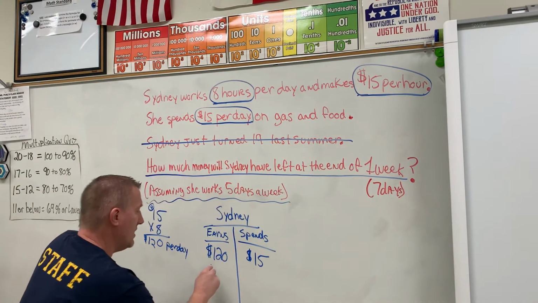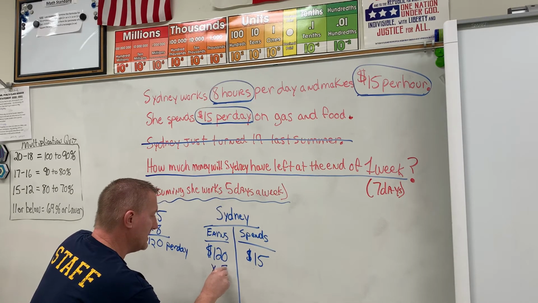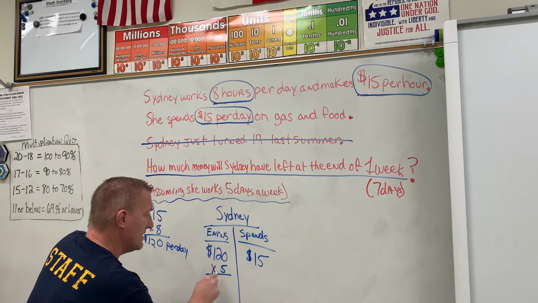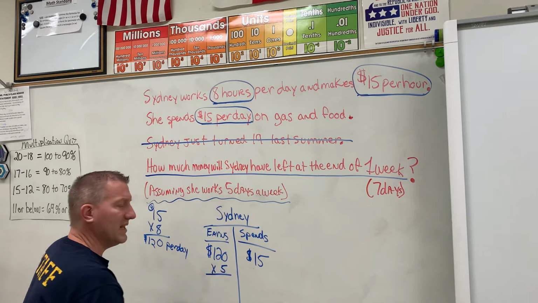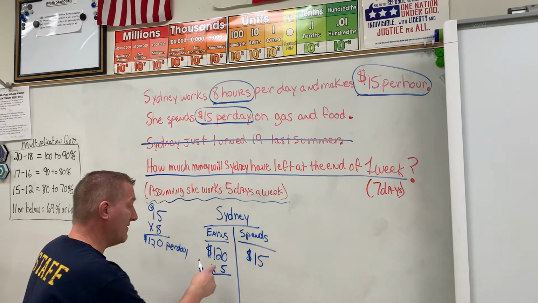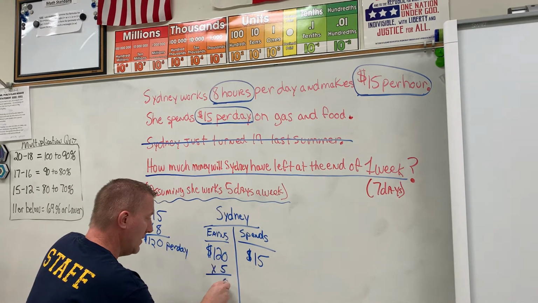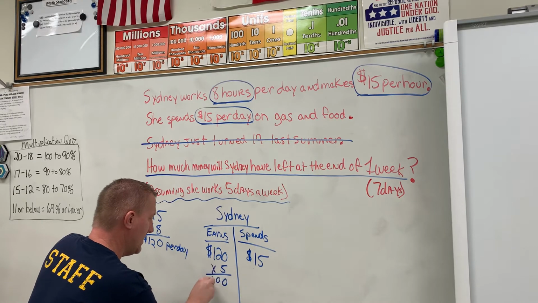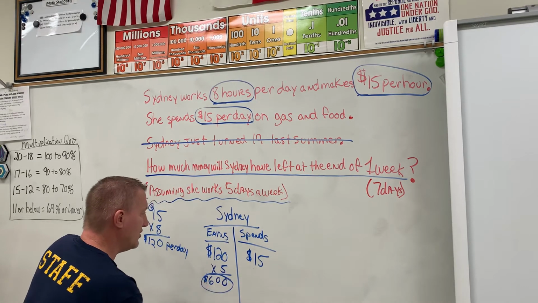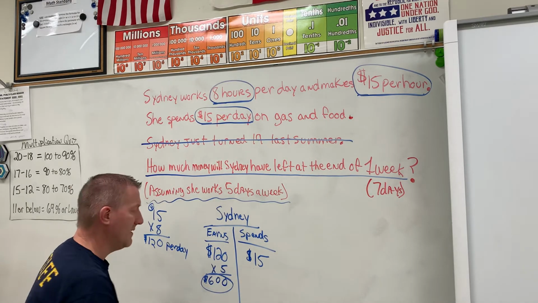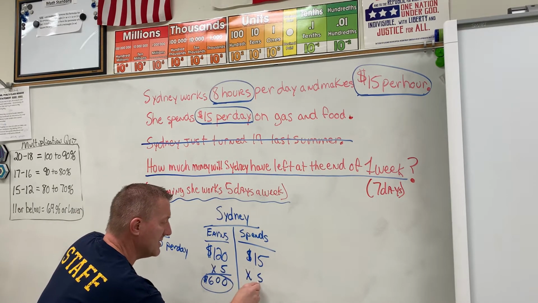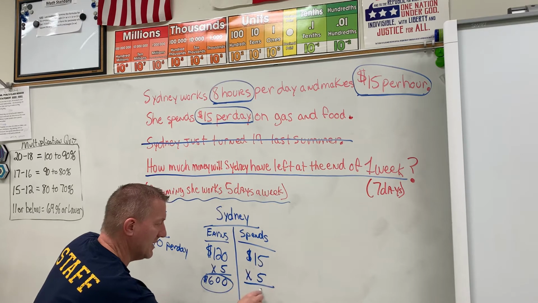So now you're going to multiply these times 5. So she gets $120 a day. So 5 times that would be, all right, so she gets $600 a week.